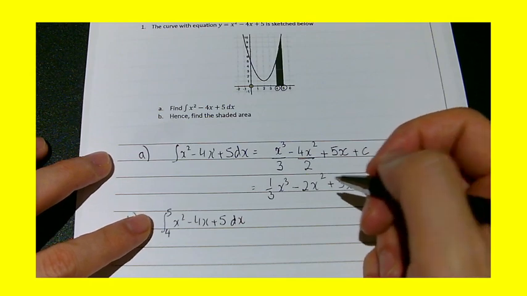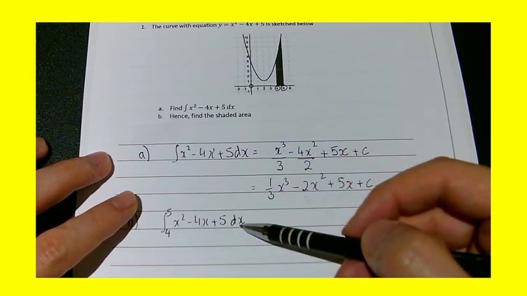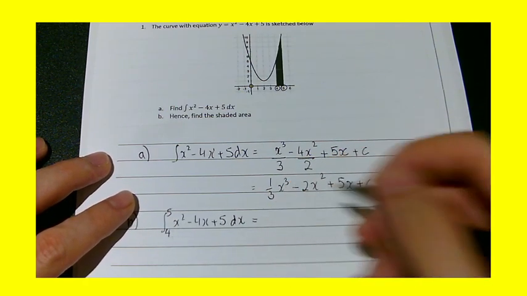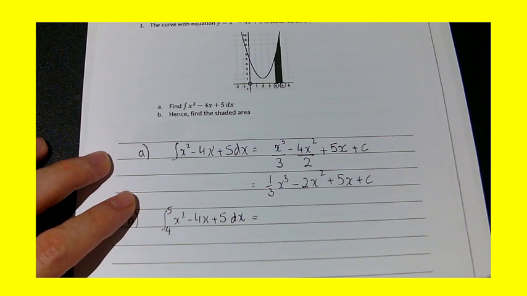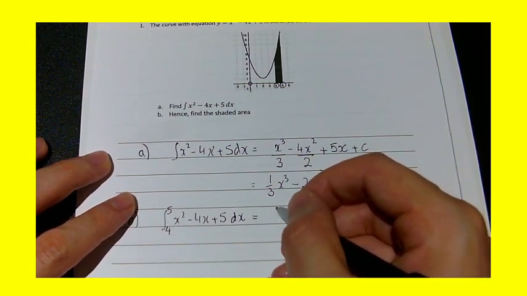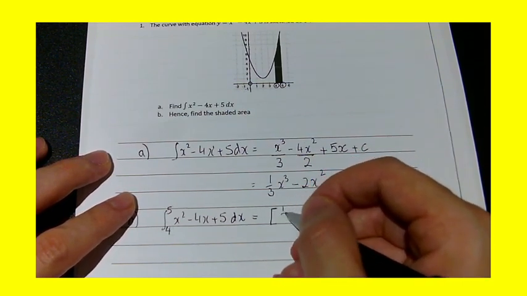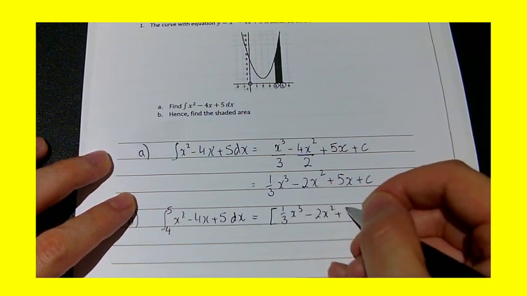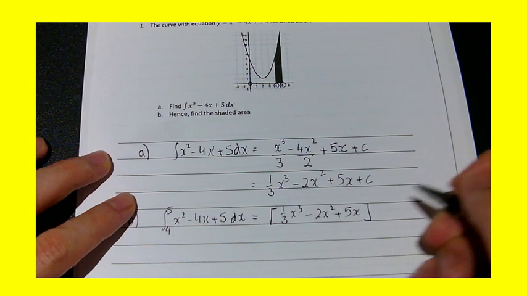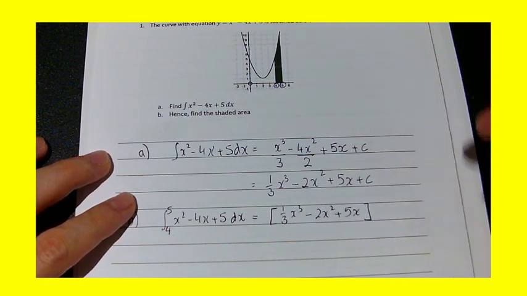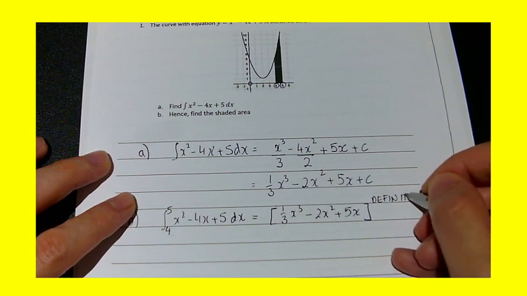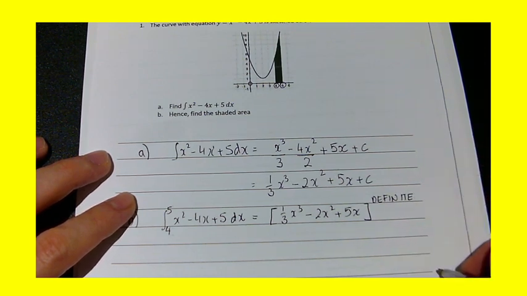Okay, and that basically says I want to find the area under this curve between 4 and 5. So now I'm going to use my part A, and when I do this type of integration, this is called definite integration, and this is really important that you understand this. Definite integration helps us to find areas.